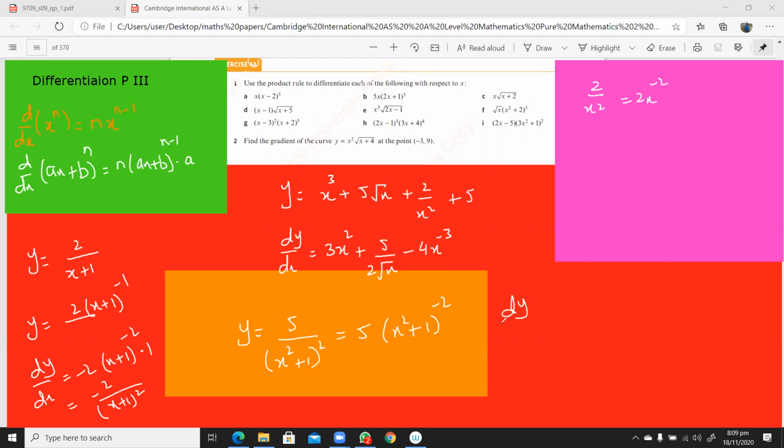And now dy by dx is minus 10 into x square plus 1 raised to power minus 3, and then you have 2x with this. So this is going to be minus 20x over x square plus 1 whole cube.